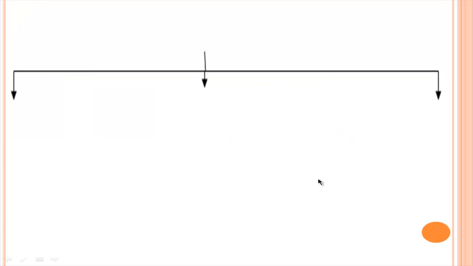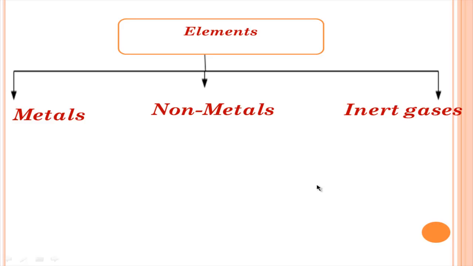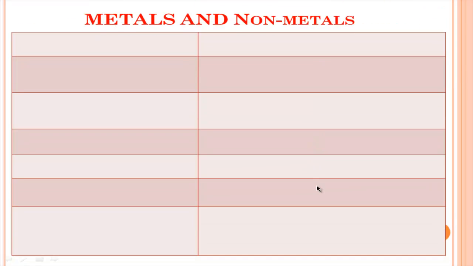Lesson 1, Chemical Combination. As we said, elements are classified into three types: metals, non-metals, and inert or noble gas. We will make a comparison between metals and non-metals.